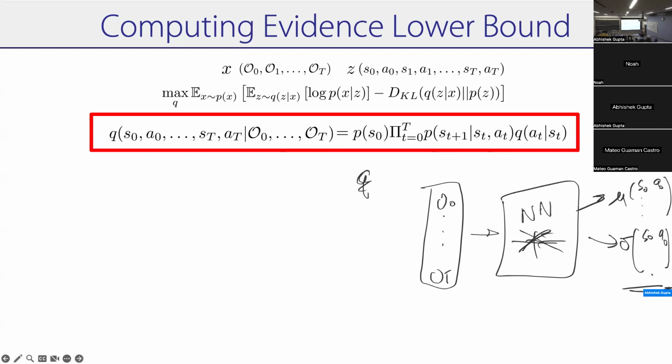So it's just a standard Gaussian. You can imagine a probability distribution that takes in optimality as input, and the neural net outputs the mean and variance over states and actions as the output. That is a valid choice of approximation. It's not a very useful one, but it's a valid choice of approximation. Okay.